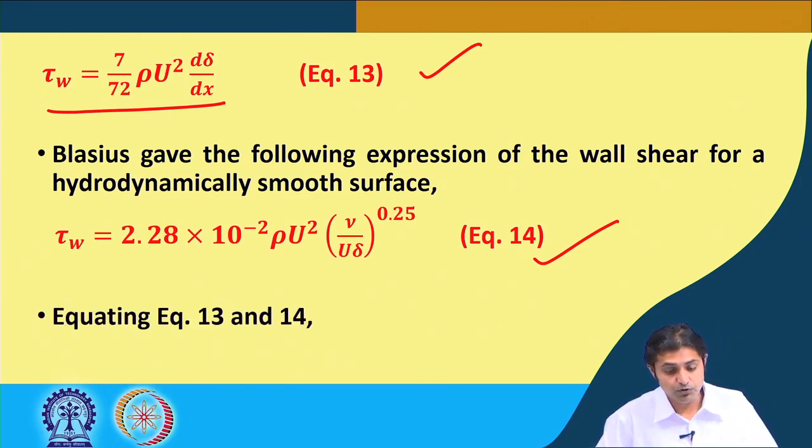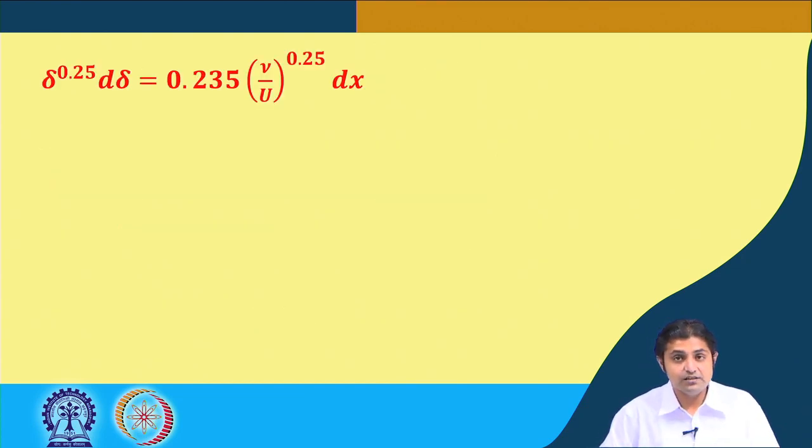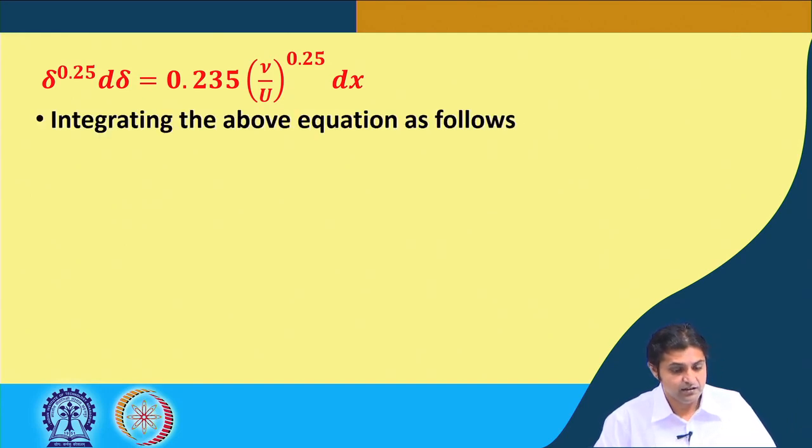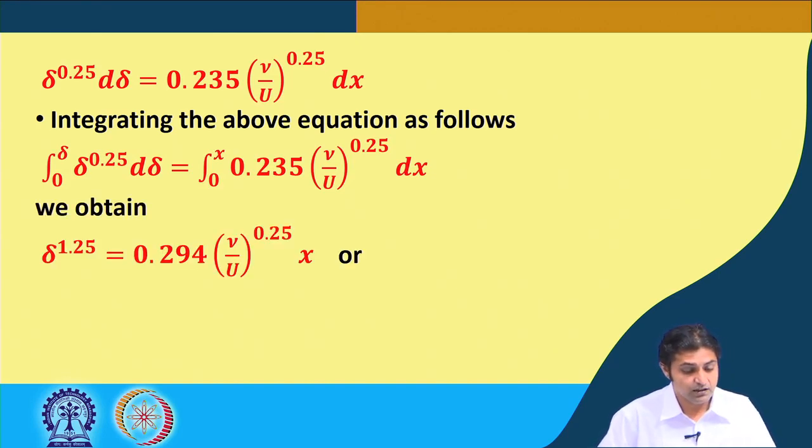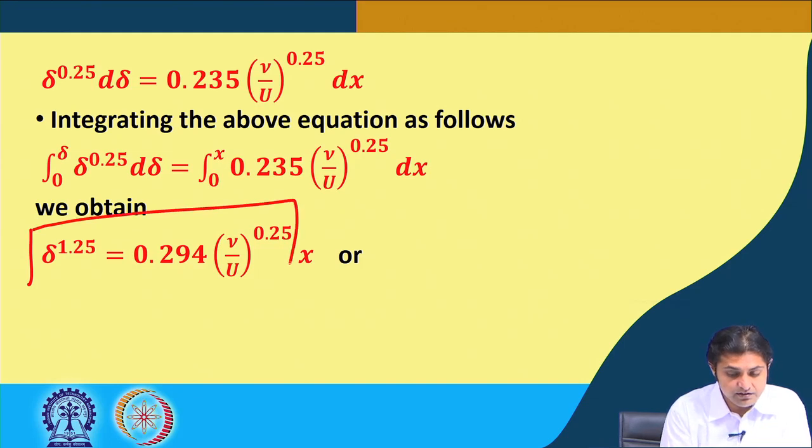Now if we equate both, this is the equation that we get, delta as a function of delta and x, and if we integrate the above equation, we are going to get delta to the power 0.25 d delta is equal to integration from 0 to x of 0.235 (nu by U) raised to the power 0.25 dx, and then we can obtain an expression like this.